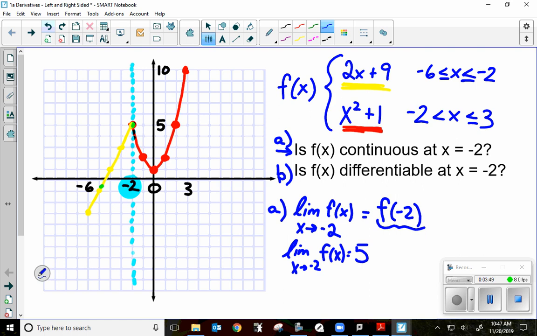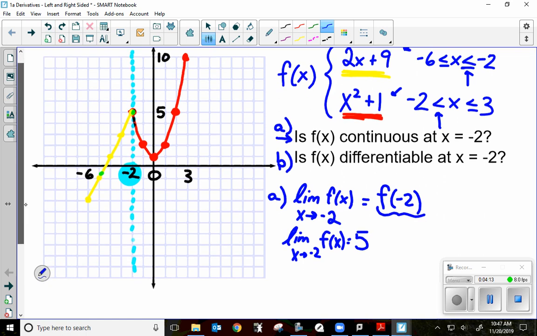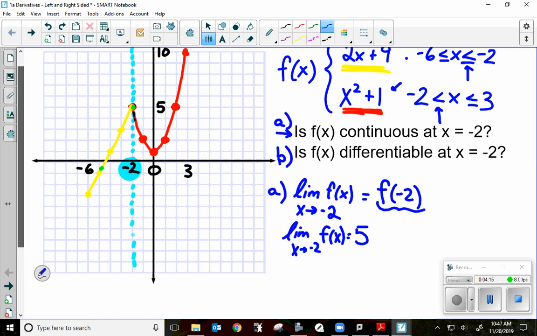So when I pick -2, the million-dollar question is, do I use my top equation? My bottom equation? When x is -2, x does not equal -2 here. X is greater than -2. See this little line underneath here? That tells me when x is -2, I'm going to use this equation. So let's take that and throw -2 into our linear equation right here, okay?